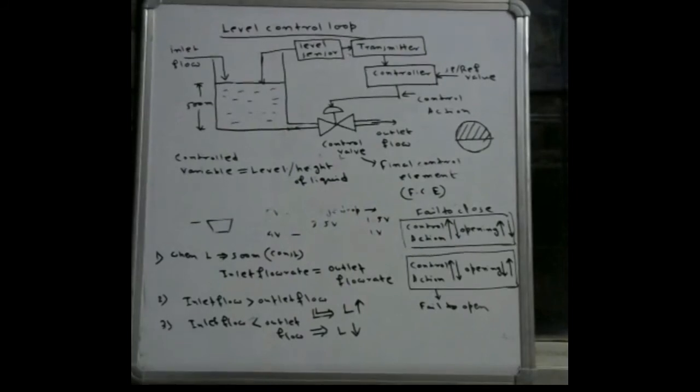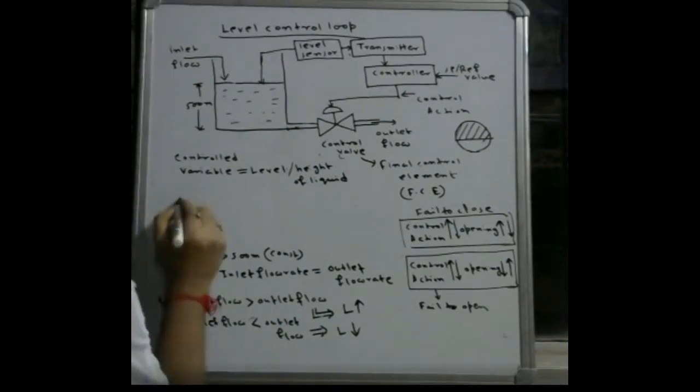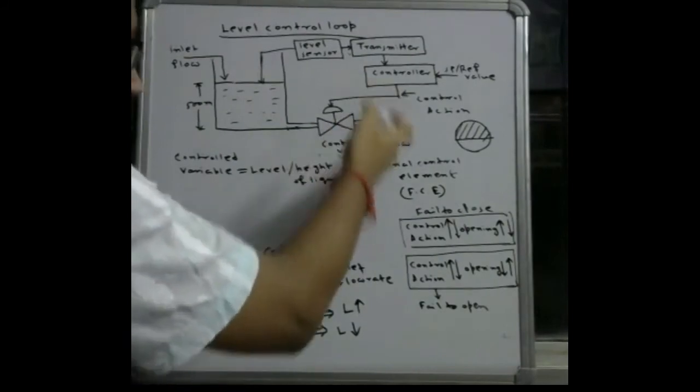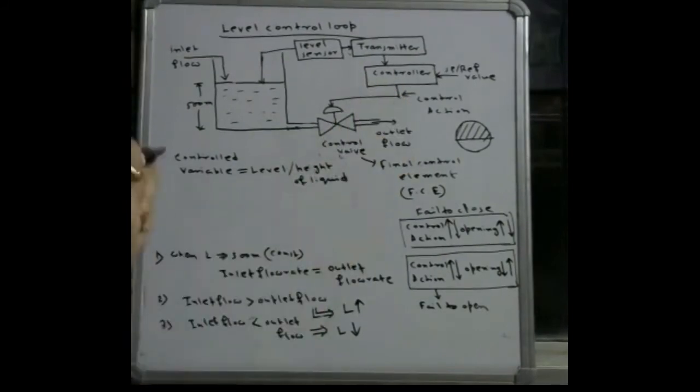Now tell me which one is the manipulated variable. Manipulated variable means by changing it, we are controlling the controlled variable. We are controlling the height. How is it possible? Which parameter is in our hand to control?